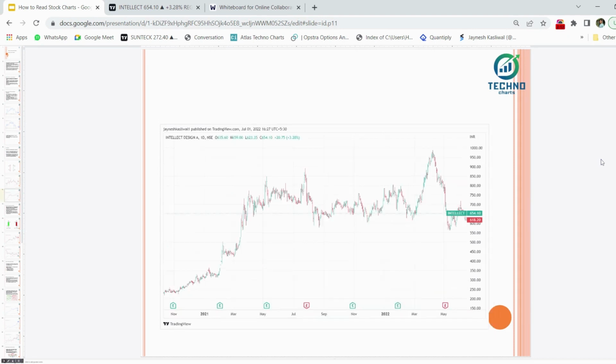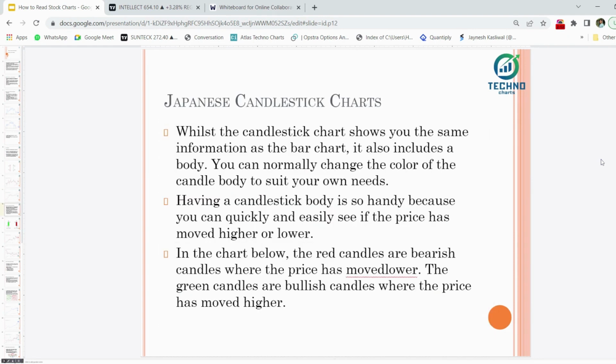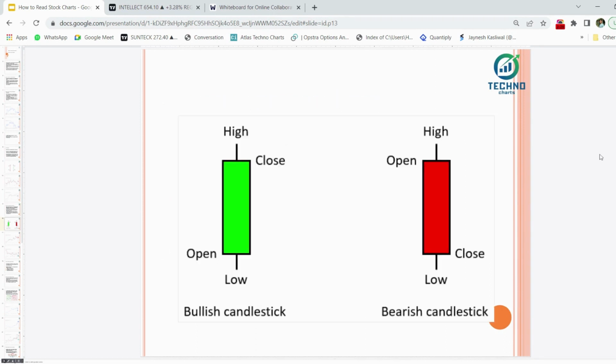The third type of chart that we can see is the normal Japanese candlestick chart that everyone uses in day-to-day life. It is one of the most commonly used charts, where we can see that there is a body also present, and we can see the high, close, low, and the opening price for that particular day. The red candle generally means that the price was bearish on that day, or the price has fallen, and a green candlestick generally means that the price has risen on that particular day, right?